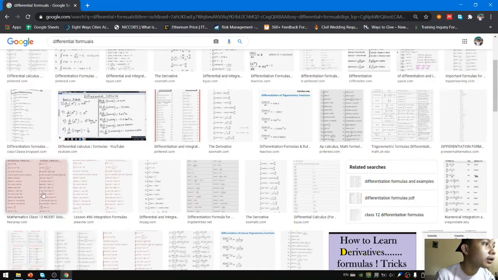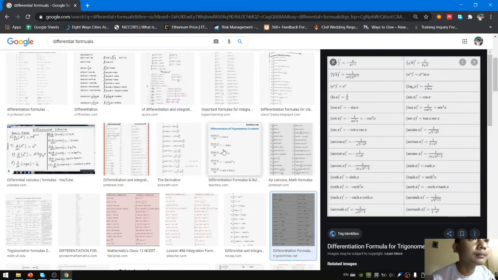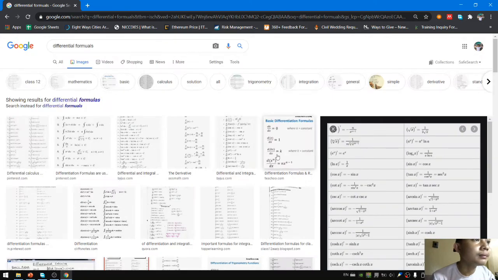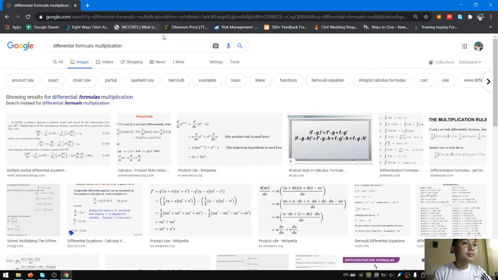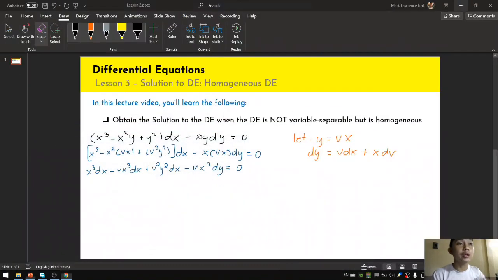Grabe yung ibigay sa akin. So, ito yun. Okay, so if you're going to differentiate this one, you're going to have g f. So okay naman interchange. It's multiplication anyway, so it's okay. So yun yung same technique.